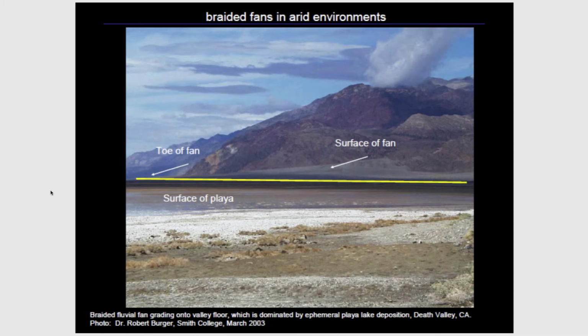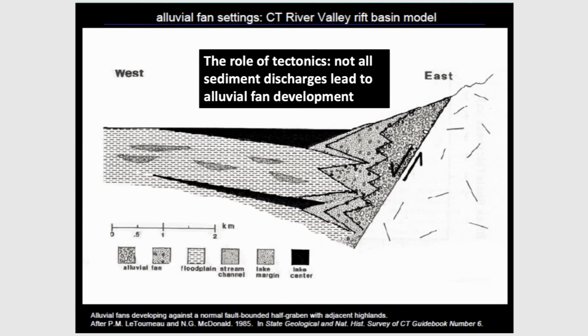Okay, let's have a look at a classical example that is rather tectonic. In this case we have the effect of a major structure. You can see here a fault zone that has some displacement. This is a normal fault. Many times you have escarpments that can develop really close to the apex of an alluvial fan.